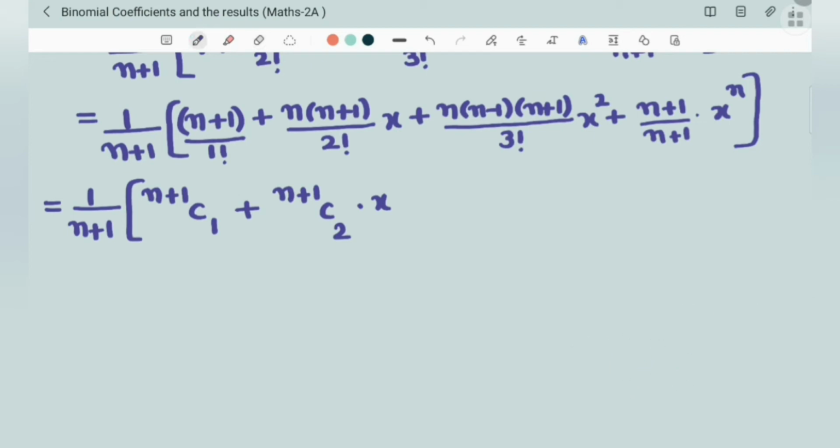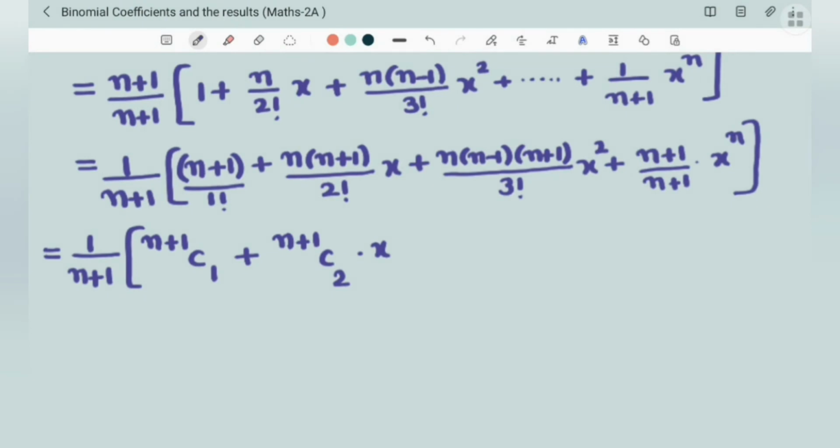So now n plus 1 c2 into x. The next term also we can write as n plus 1 c3 x square, plus and so on.